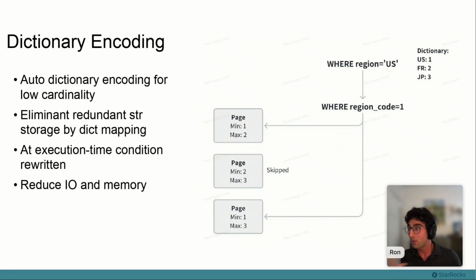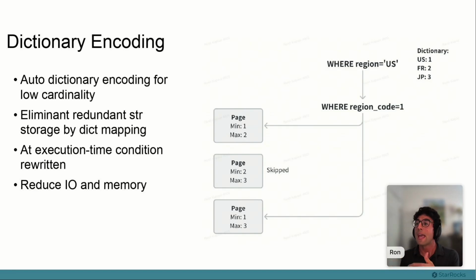So say, for example, here on the right side, I'm querying where the region is US, and in reality, I may only have a select amount of countries or regions that I'm using. I don't know, say like 100, which is a relatively low cardinality field. So behind the scenes, at execution time, I can rewrite the condition of US to use a dictionary. It sees you're using US, and I already have a dictionary that has US in it.